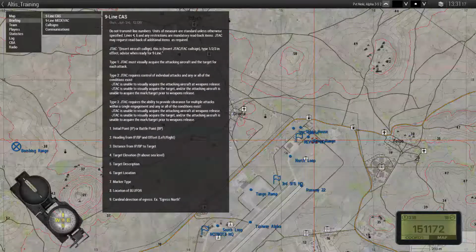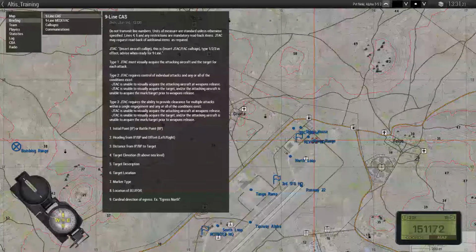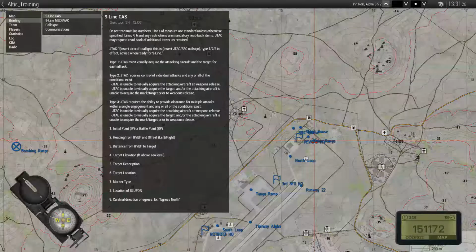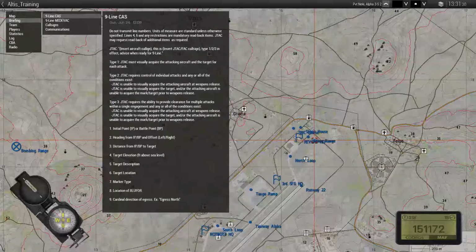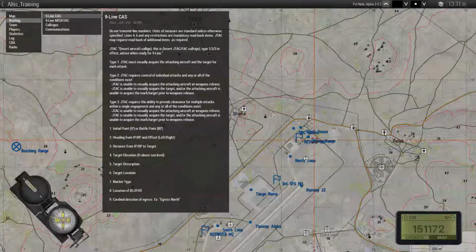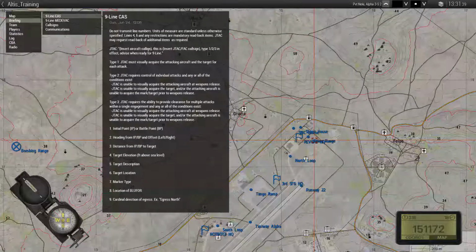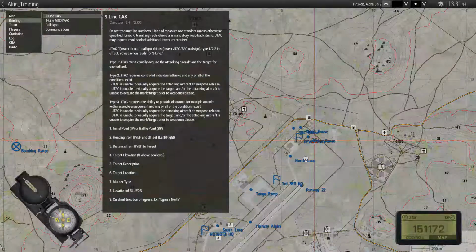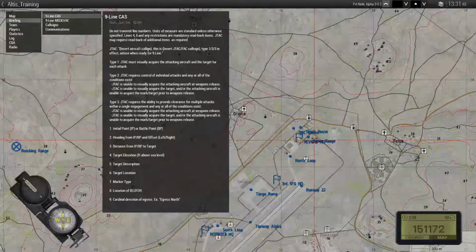So type 2 is when you can see the aircraft, and type 3 is when you can see the target. No, type 1, you can see the aircraft and target, and then if it's type 2 or type 3, you have reduced visibility. Type 2 requires control of individual attacks, and any or all conditions exist: JTAC is unable to visually acquire the attacking aircraft on weapons release, or JTAC is unable to visually acquire the target, and/or the attacking aircraft is unable to acquire the marked target prior to weapons release.